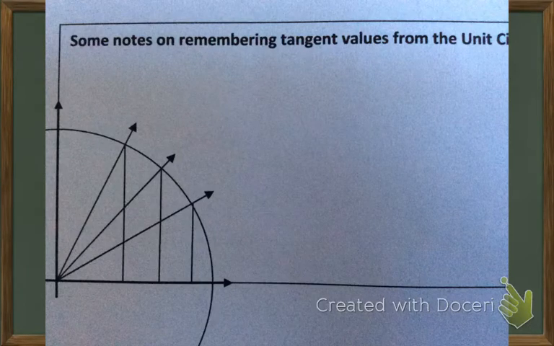I want to take a little moment here to sort of sidestep the examples to help you think about tangent on the unit circle, because our next example is pertaining to tangent.